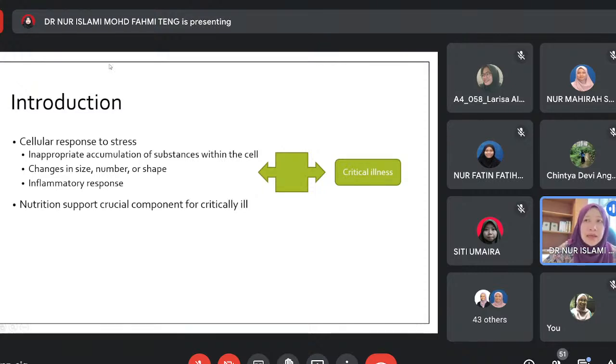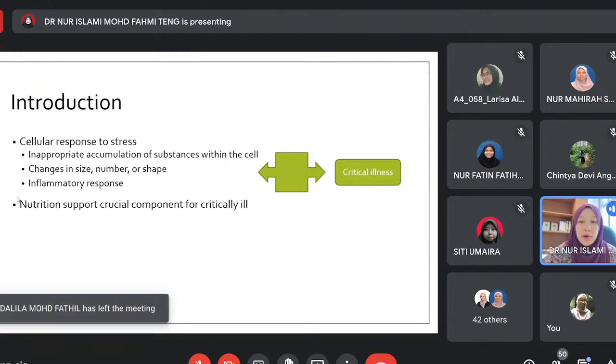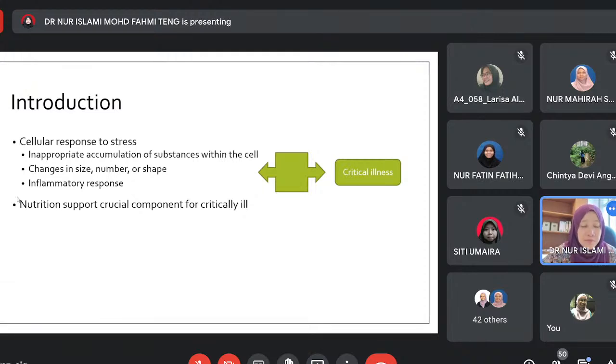So in this slide yeah, it's actually about the metabolic stress yeah. So metabolic stress ni dia adalah direct response kepada any injury yeah. So our body will respond to injury at the cellular level. And the type of cellular response depends on the ability of the cell to react, to adapt, and to repair itself after exposure to injury.